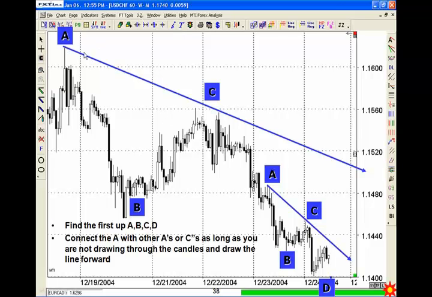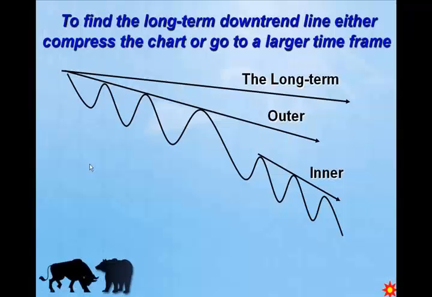I connect my A to the point here on the C, and we draw a trend line. The C point is where the market starts rallying and passes the B. For example, this won't be C because the market never passed B. Then the market went back and we had a C, and then it went to the D and passed this B point.